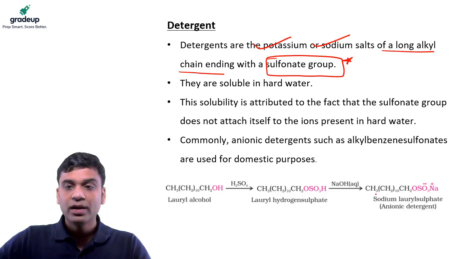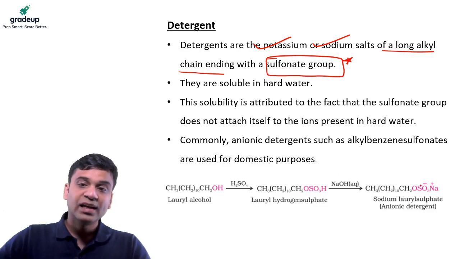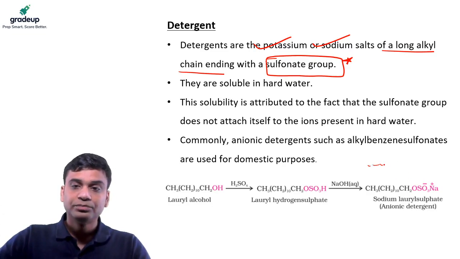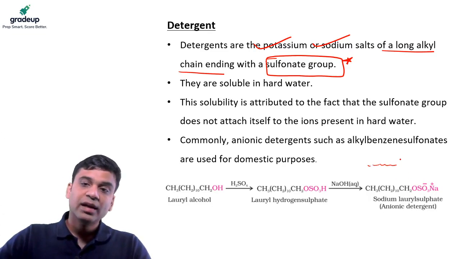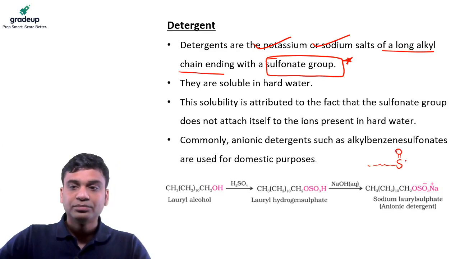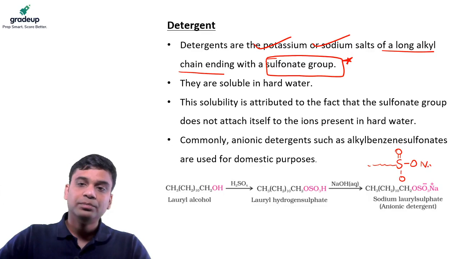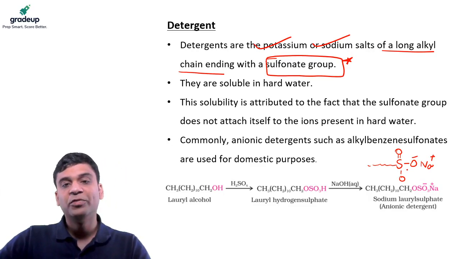Okay, you can see here the CH3 big CH group we have. At the end, instead of your carboxyl group, we have a sulfonate group. Okay, this is a sulfonate group which is there.